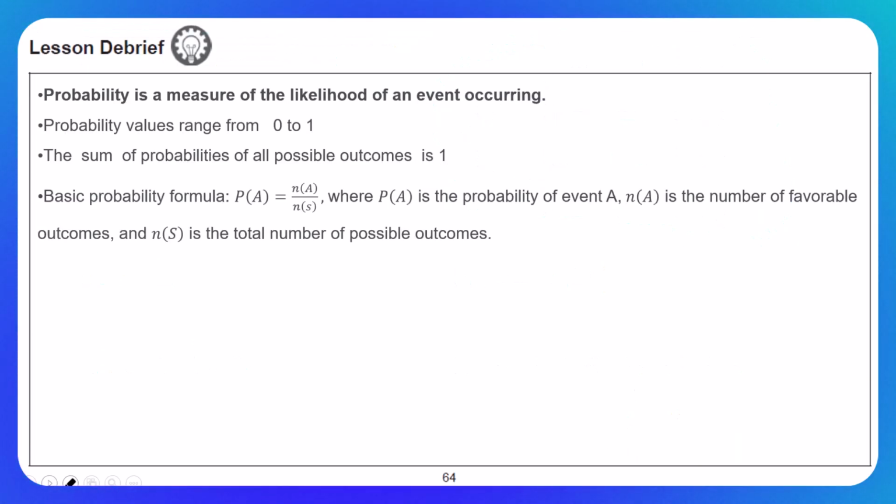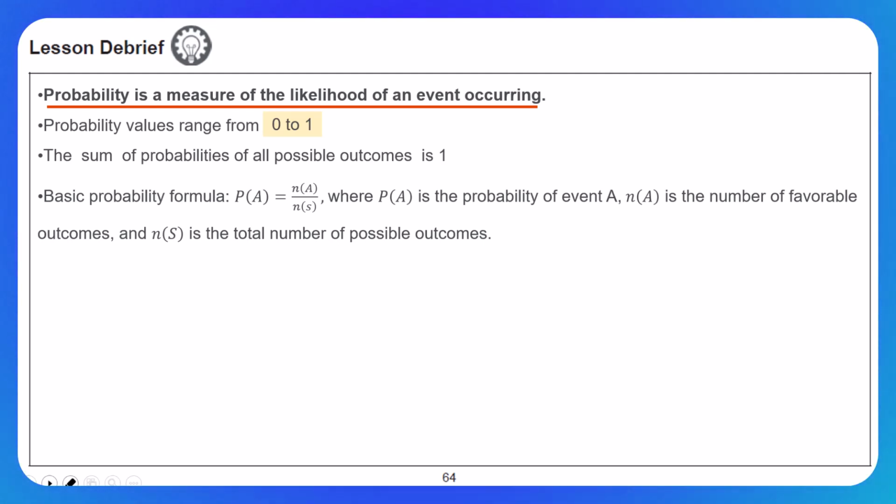All right, lesson debrief. The probability is a measure of the likelihood of an event occurring. So we look at that event, and the probability values range from 0 to 1. 0 is not going to happen at all, and 1 is it's certainly going to happen. 0 is impossible, 1 is certain.